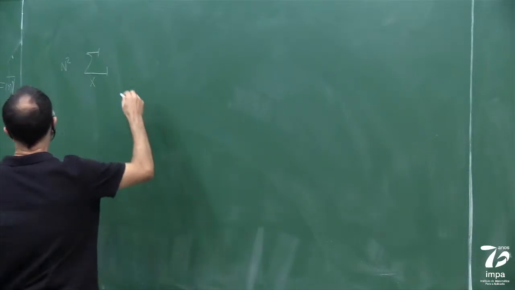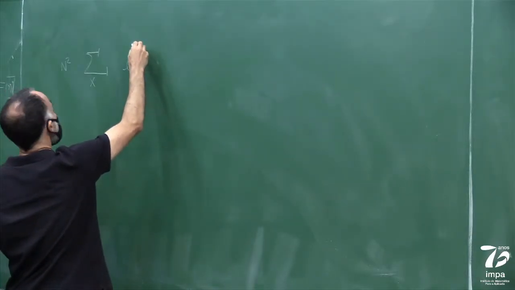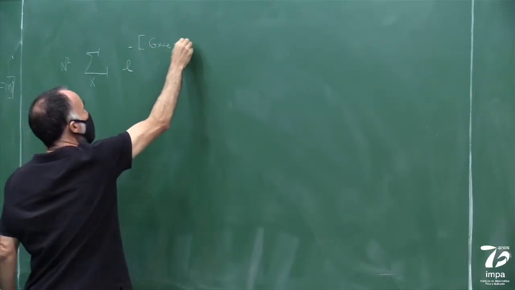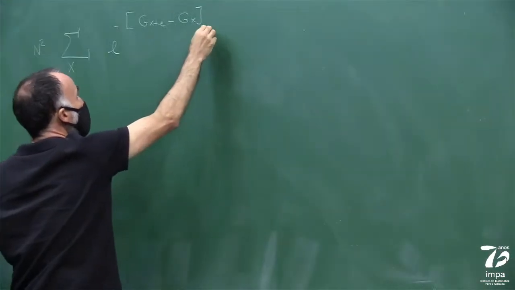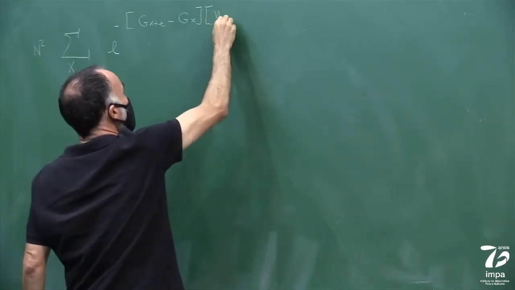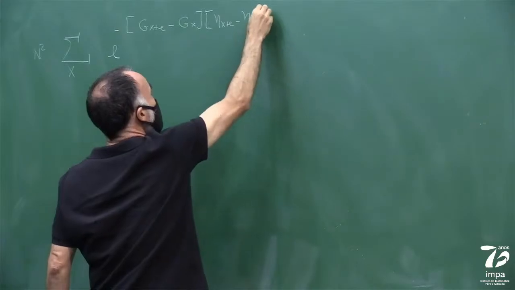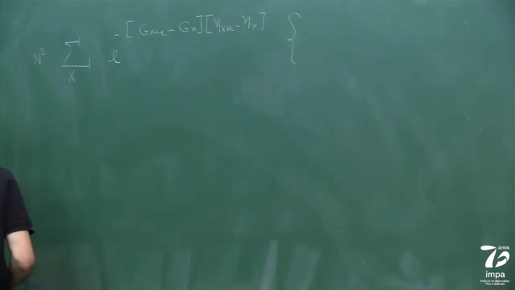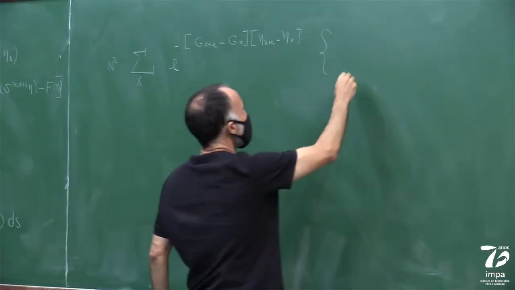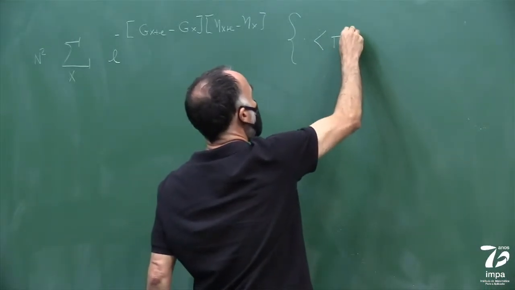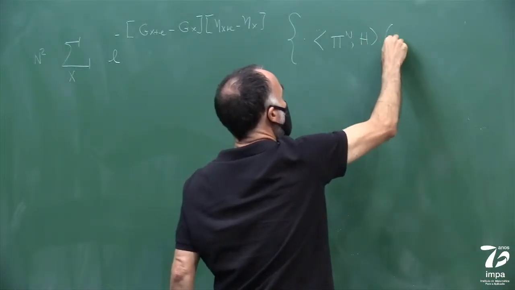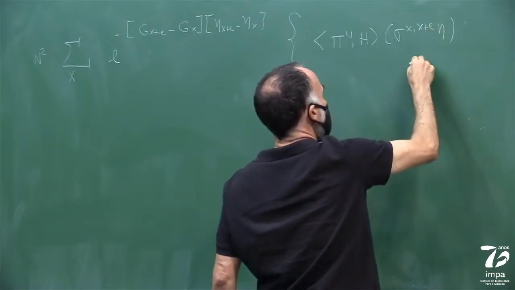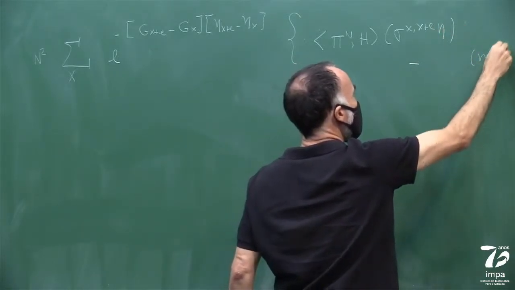And here I have exponential minus gx plus e minus gx, eta x plus e minus eta x. And now this is multiplied by this function computed at the configuration sigma x, x plus e, eta, minus the same expression at eta.